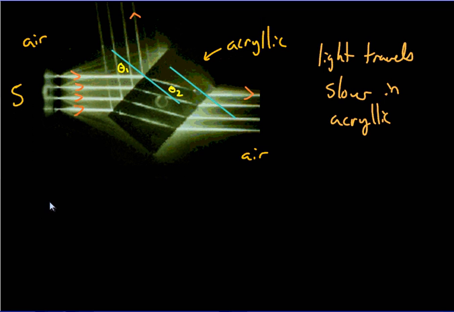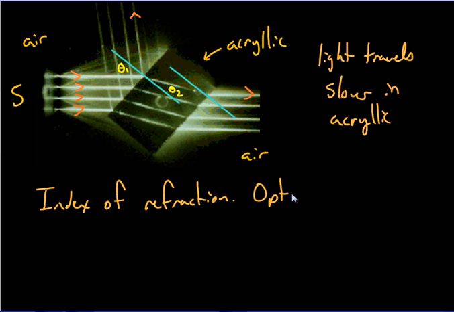Now I'm just going to introduce the index of refraction, and then we're going to be nearly out of time. So index of refraction applies to optical media, in other words, stuff that light can travel through.